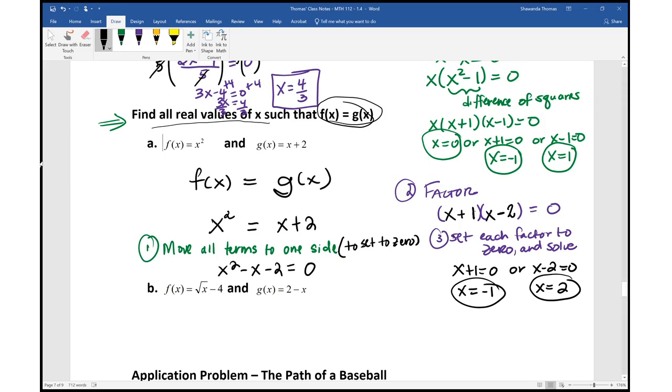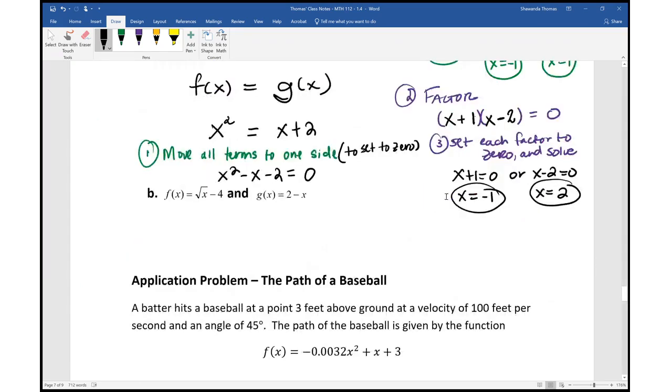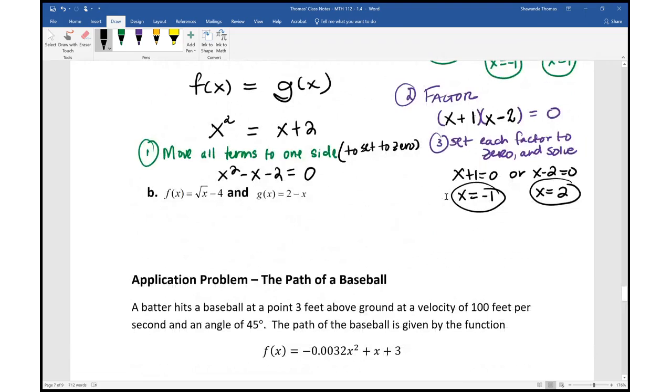All right, B. Still using those instructions, find all real values of x such that f of x equals g of x. So we're going to set these functions equal to each other. So we're going to set square root of x minus 4 equals 2 minus x.